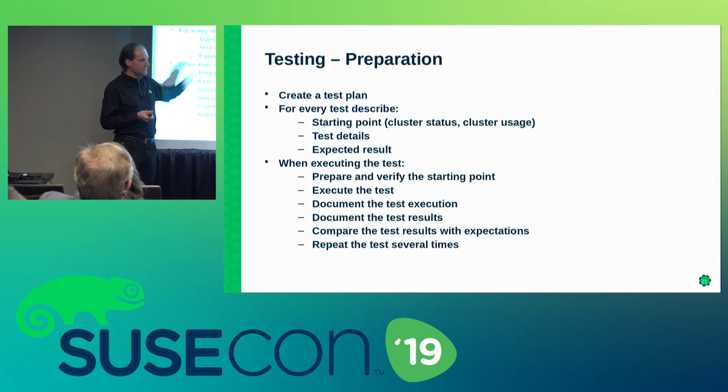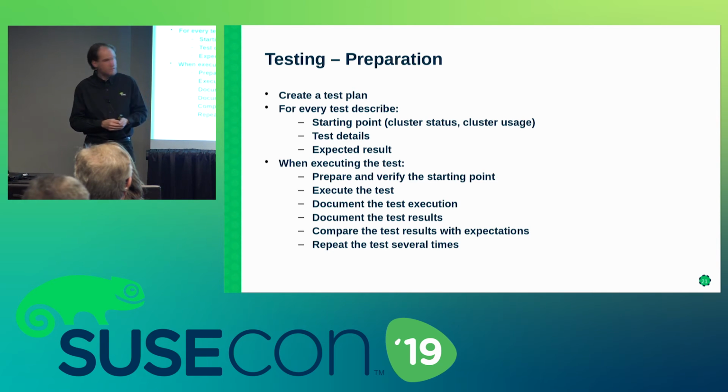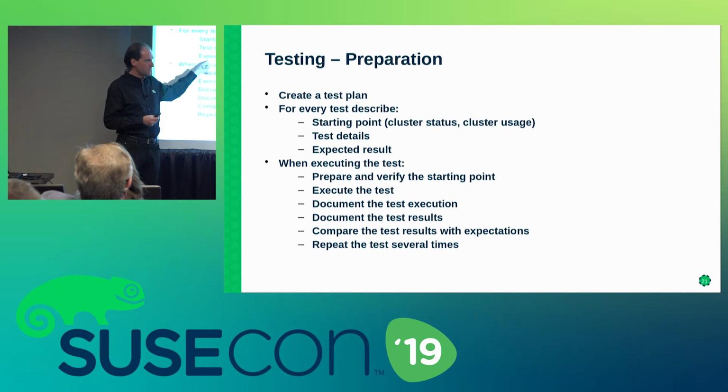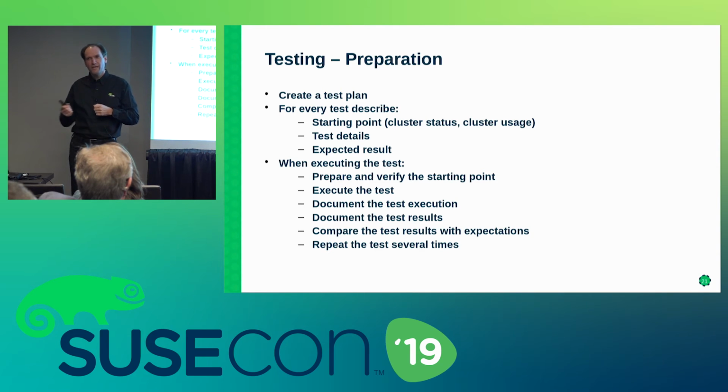I describe the test details, for example unplug cable 1 in server 1 for the public interface, and I write down the expected results. I write that down before I execute it, because otherwise it happens that you execute the test, and while you're executing, you're changing your mind. And that causes failures in the tests.